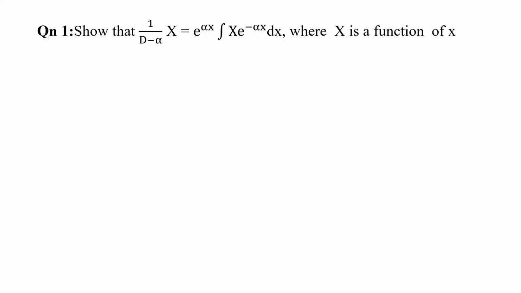To show that 1/(D minus alpha) X = e^(alpha x) times the integral of X e^(minus alpha x) dx, where capital X is a function of x.